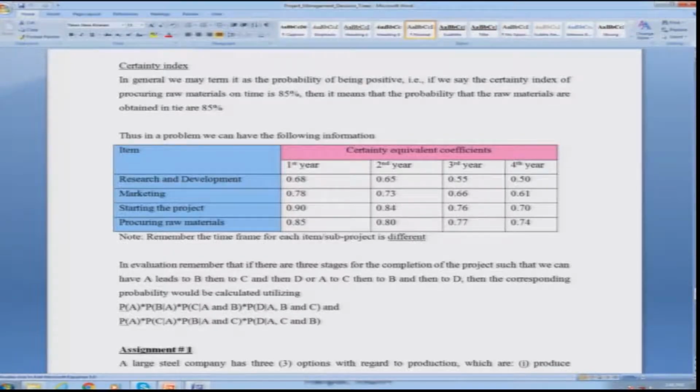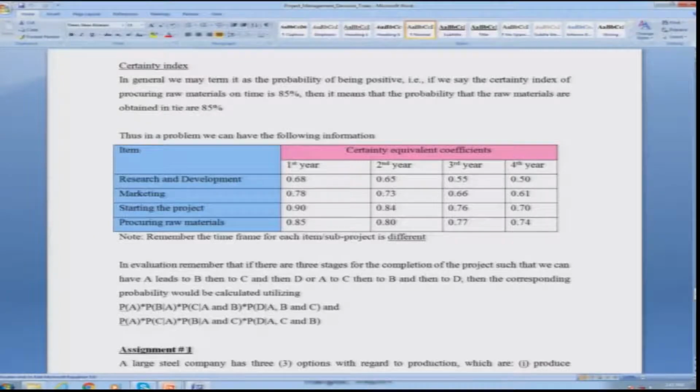Thus, in a problem we can have the following one. So, if you see this table, you have the research and development, the marketing and starting the project and procuring the raw materials along the first column, and along the other second, third, fourth, fifth columns, year wise, first year, second year, third year, fourth year, you have the certainty values which are given.